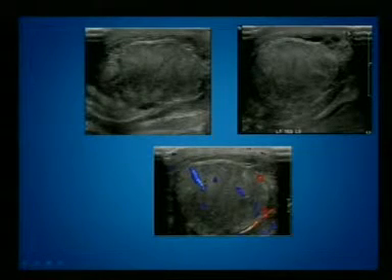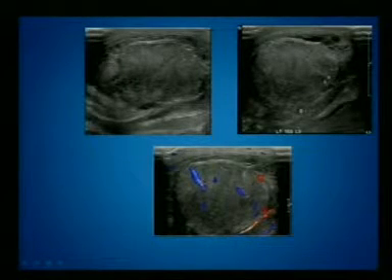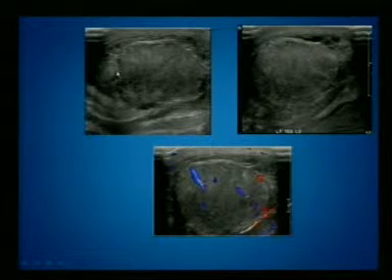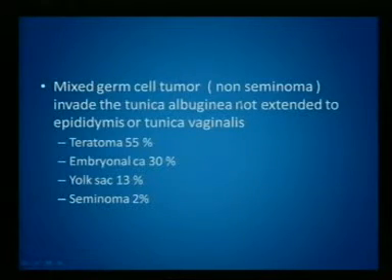You see here a heterogeneous mass with increased flow, with disruption of the tunica albuginea, and the mass is infiltrating the epididymis. At histopathology, it is a germ cell tumor, non-seminomatous type, with teratoma 50%, embryonal 30%, yolk sac 30%, with seminoma 2%.